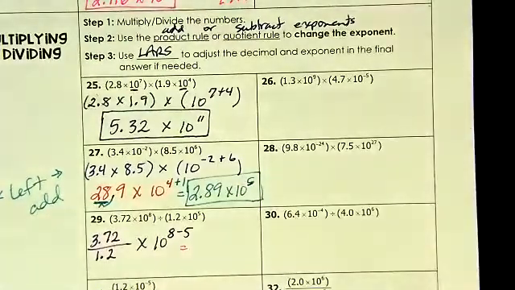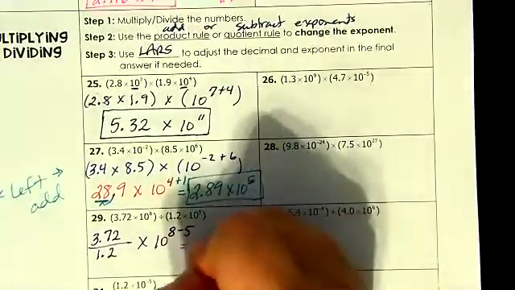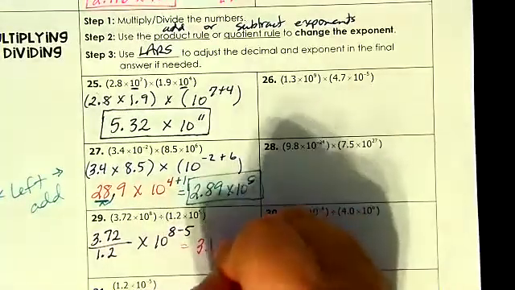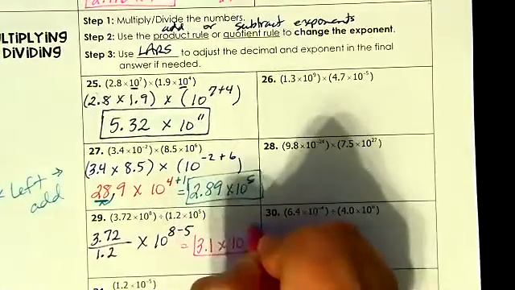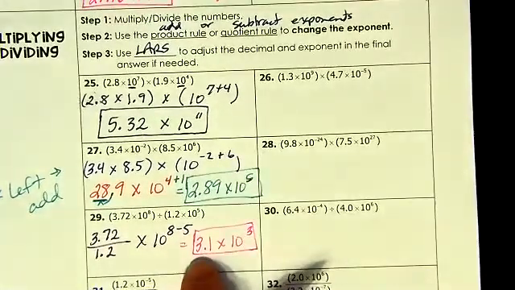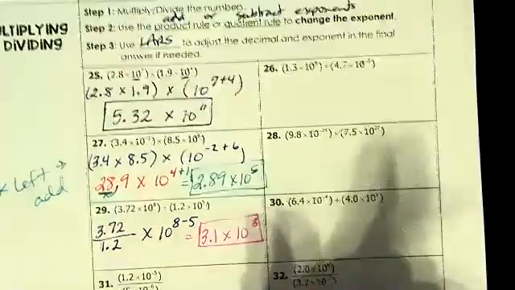So I have 3.72 divided by 1.2, which gives me 3.1 times 10 to the 8 minus 5 is 3. I don't have to move my decimal because this is correct scientific notation. I'm done with 29.